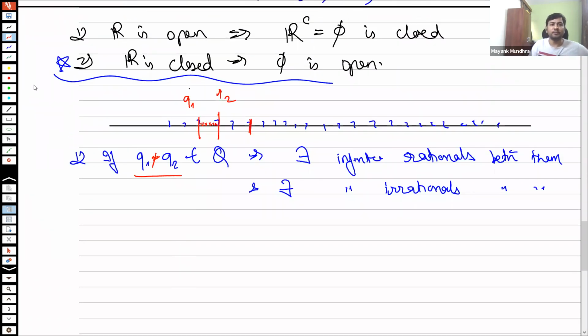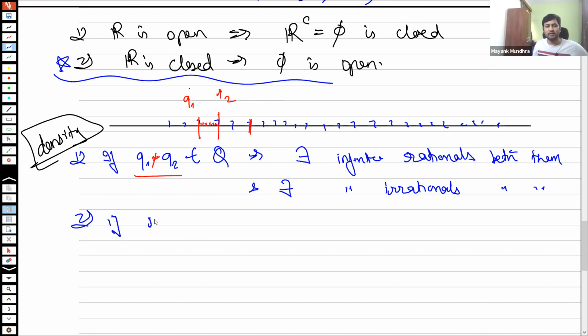This is called the property of density. Density of rational and irrational numbers. The same thing holds the other way around also, by the way. The second corollary is that if R1 and R2 are irrationals, I call irrationals Q complement, then there exist infinite rationals between them.